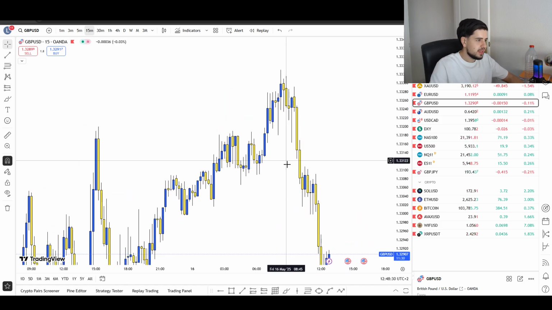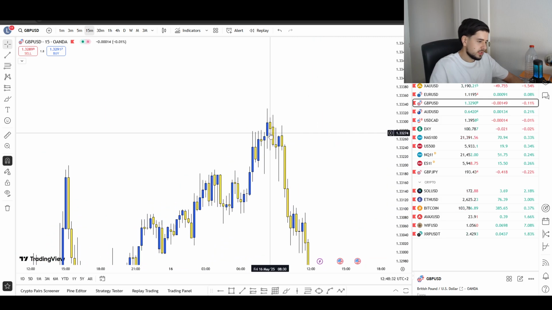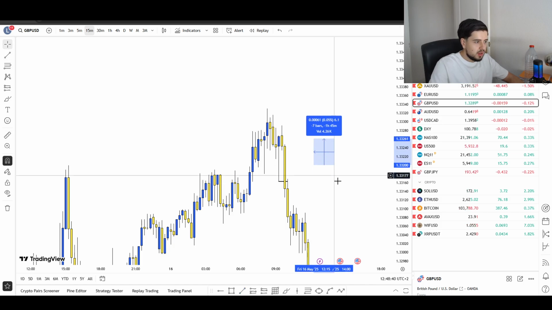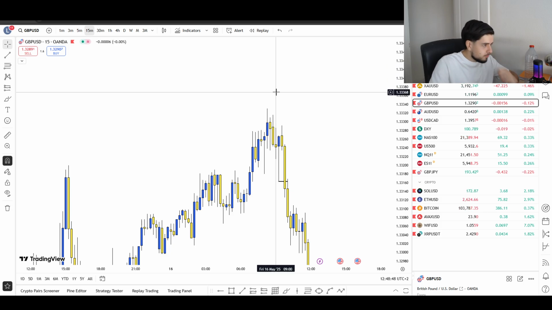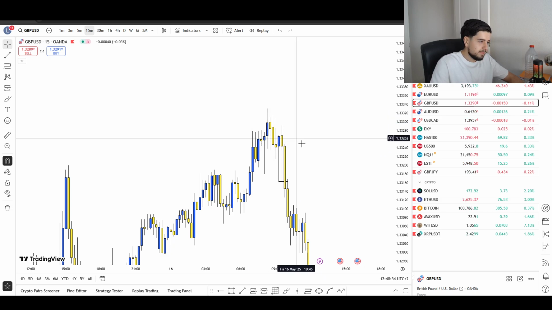Okay, so today we can see a London session, right? We have an uptrend and we have a break of structure right here. Why? Because as I said, we are shifting towards the downtrend, and we have an up candle, which is followed by a down candle.